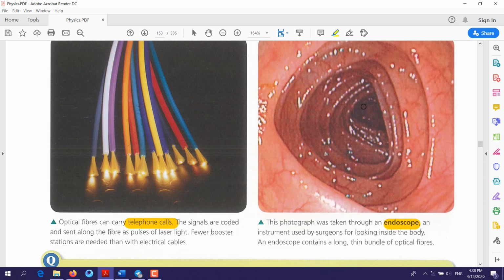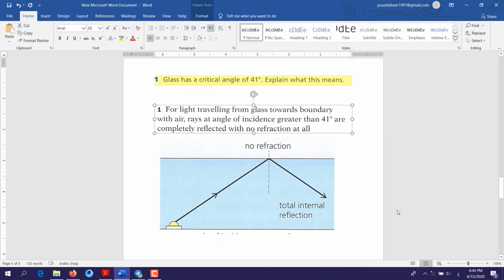They put a fiber, like a camera. For example, it goes through the mouth to the digestive system, so they can look inside the body. Questions.